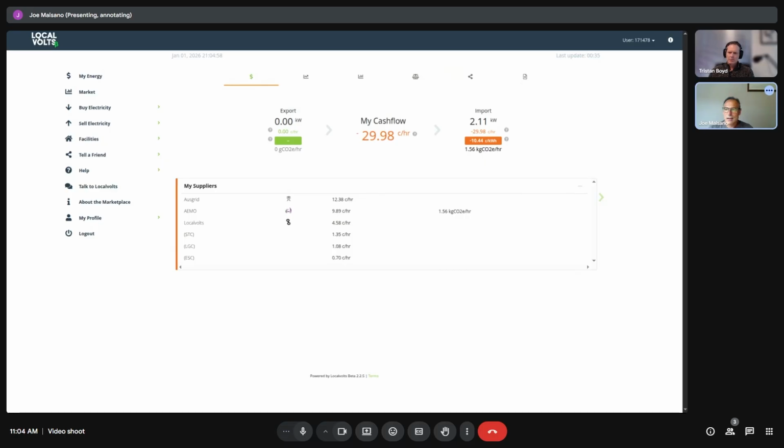And probably something to really emphasize here is we don't have a live feed from my house or your house or anyone else's premises. So what I'm looking at here is an estimate of what is happening right now. If I go and turn something off or turn something on right now, it will not be reflected in this screen.